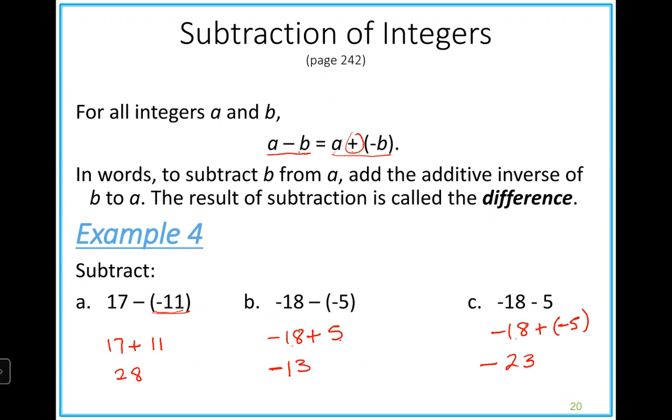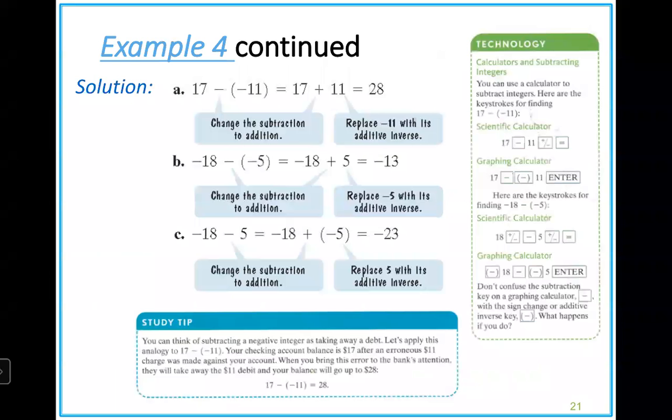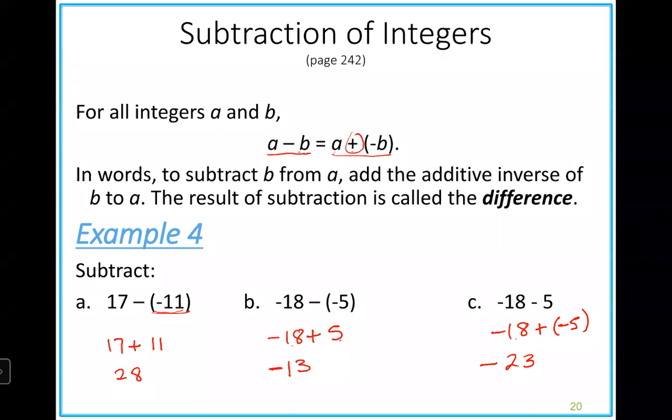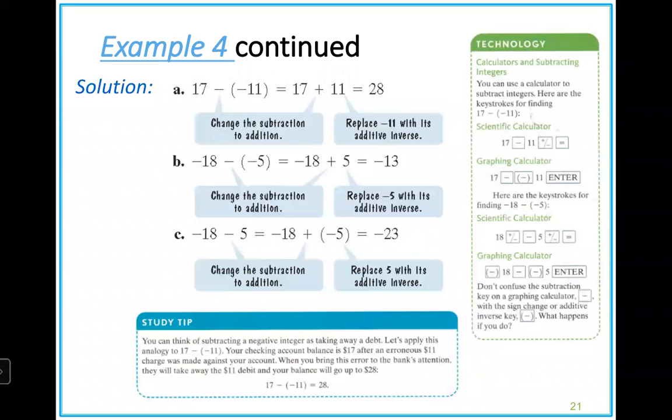So when we are subtracting integers, we can change to an addition and change the second number to its additive inverse, and then we follow the rule for addition. Okay, so the examples that I just did are stated right here.